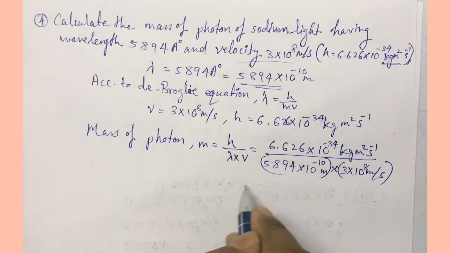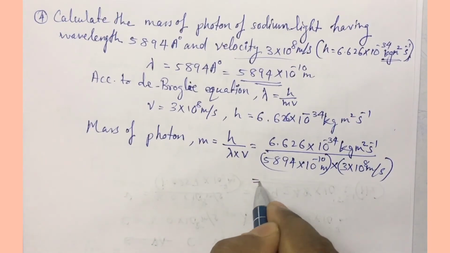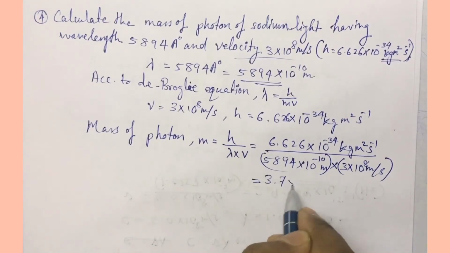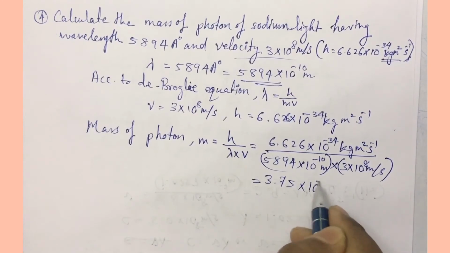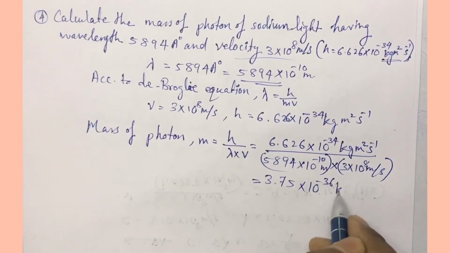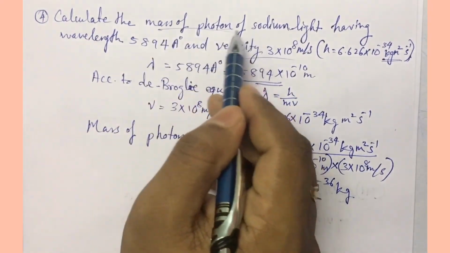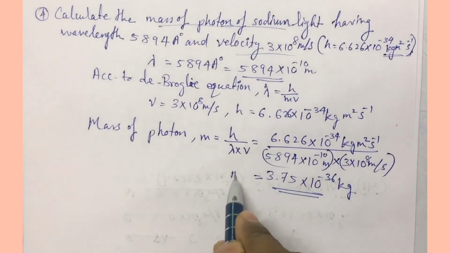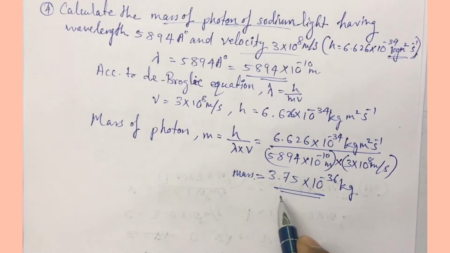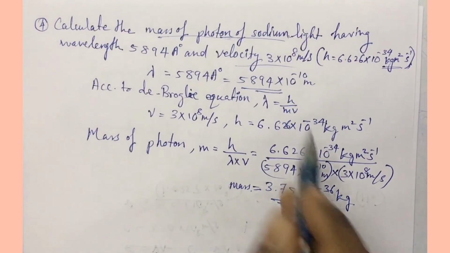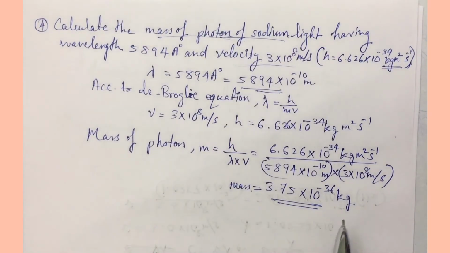While calculating this we get 3.75 into 10 raised to minus 36 kilogram. So children, this is the mass of photon of sodium light, that is 3.75 into 10 raised to minus 36 kg.